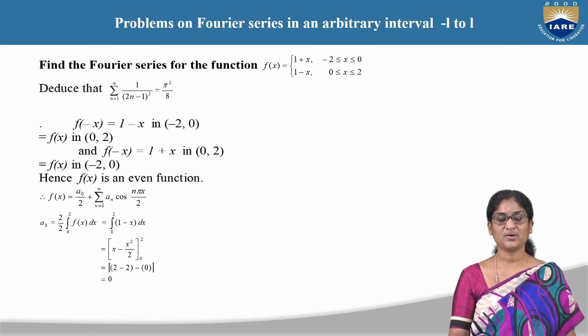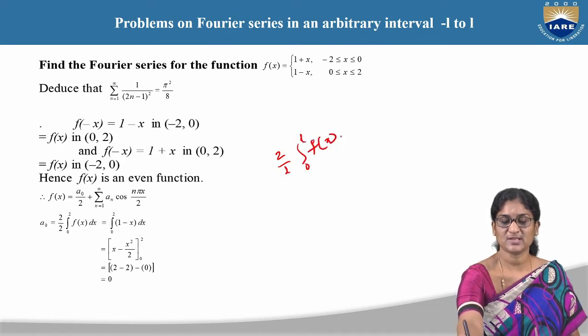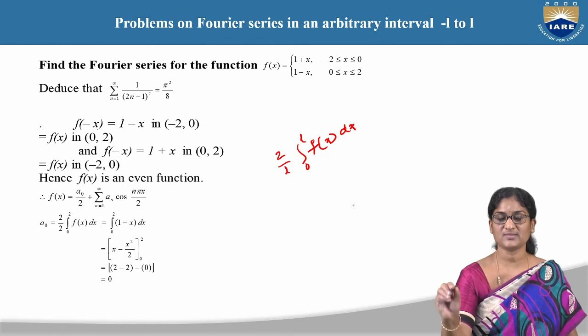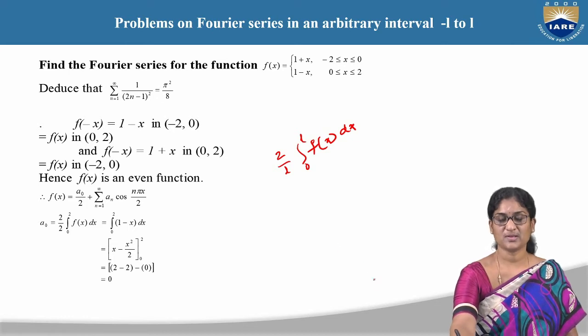So what is the a0 value? Here we are taking the interval minus L to L, so a0 is 2 by L integral 0 to L f of x dx. Here f of x is a discontinuous function at 0, and the total interval is minus 2 to 2, so we have to split up the interval.